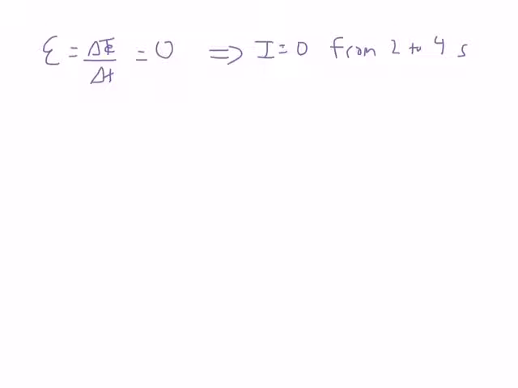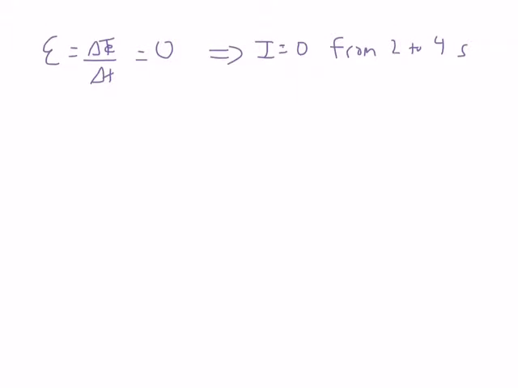So in that purple box, I'll use purple for this calculation, the induced EMF, same equation, but the magnetic field does not change, the area does not change, so phi does not change, so it's 0. So I equals 0 in that region, which is from 2 to 4 seconds.